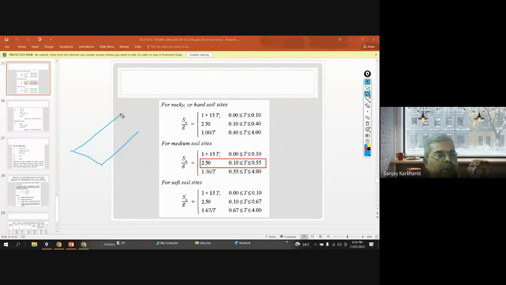See, this is your floor, and you are having columns over here.